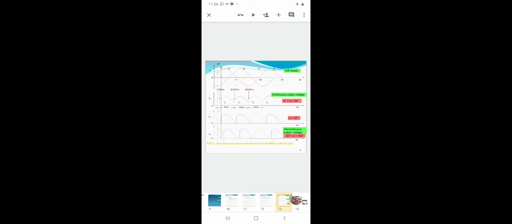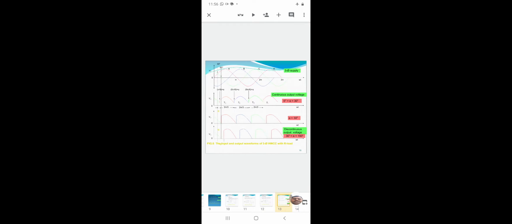In a single-phase circuit, the maximum conduction angle is 180 degrees. This is the difference between the three-phase circuit and the single-phase circuit.